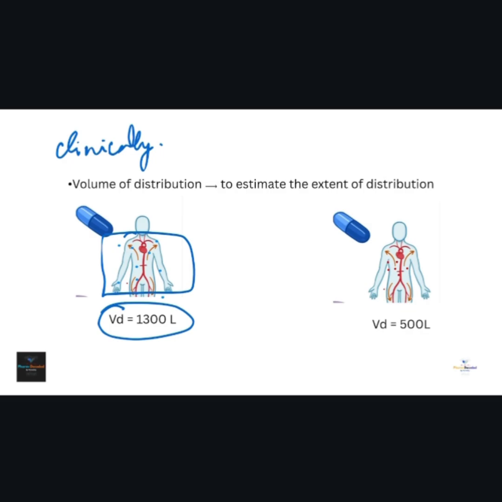That means it is widely distributed to different organs and tissues, right? And if we say that the volume of distribution is 500 liters, it means that the drug is confined only to a small volume, that is mainly confined to the blood vessel itself. So the volume of distribution is very less.